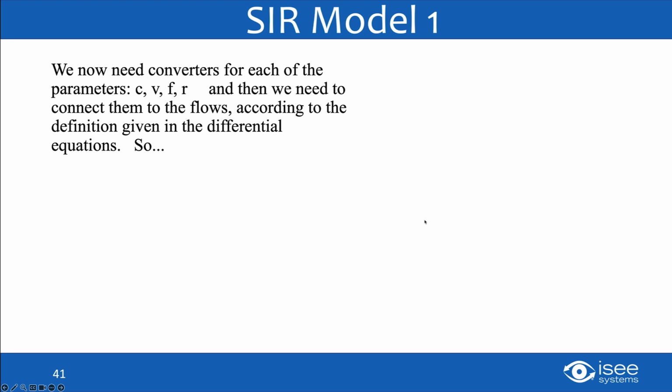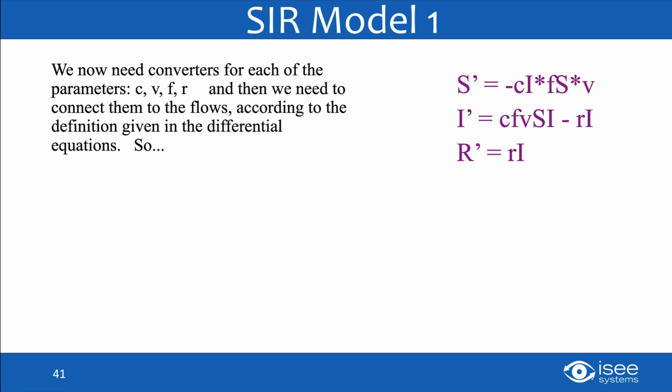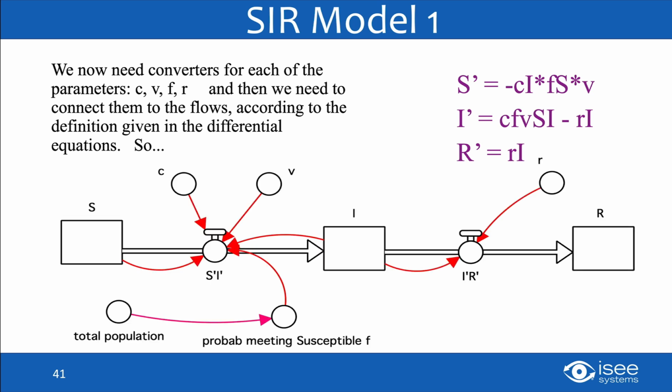Now we can add the converters by looking at the other variables and parameters in the differential equations. We connect these converters to the flows as shown in the differential equations. Note, I identified the flows with the two differential equations that influence that flow. It is not supposed to represent a product.